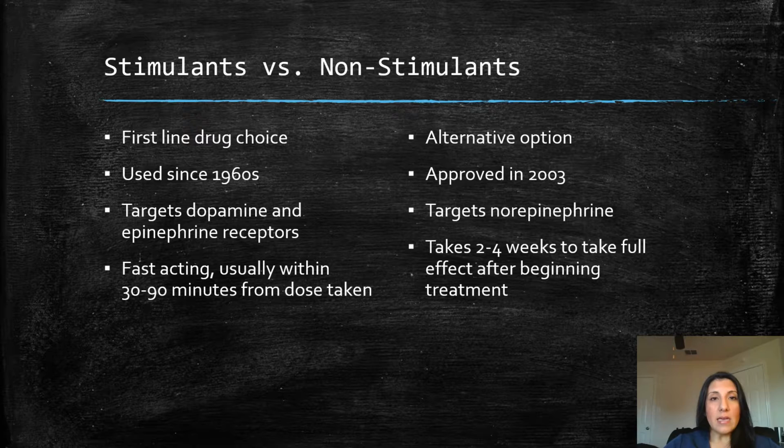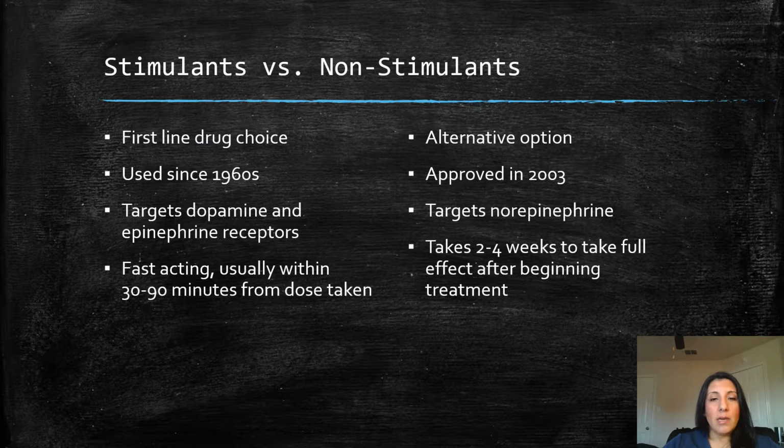Once the child has taken it, you can see symptoms starting to improve after about 30 minutes to maybe an hour and a half from the time that it was taken. And if you recall, dopamine and epinephrine play a role in motivation, in controlling of movements and emotional responses.